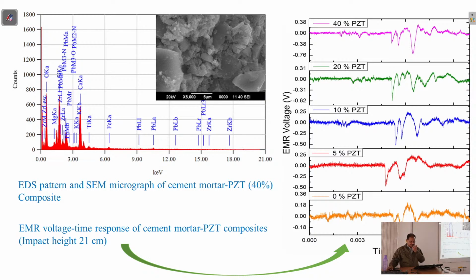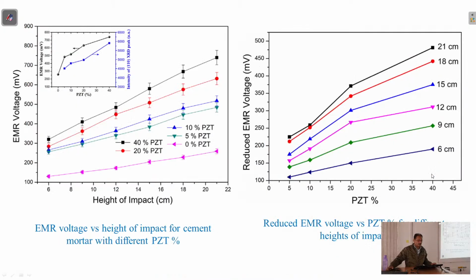This is for the mortar samples, again with a variation from 0% up to 40%. These are the sample plots, and if you compare, here you have it for the 0% PZT, that is the pure mortar sample. It is close to 125 or something, okay. But if we add 5% PZT, this is quite a noticeable change.